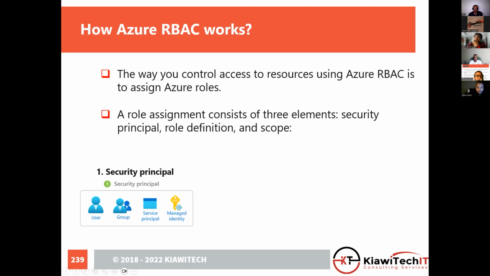So a role assignment consists of these three elements. You have a security principal, which can be a user, it can be a group of users, can be a service principal, for example, an application, right? Or it can be a managed identity, right? This is what a security principal is all about.